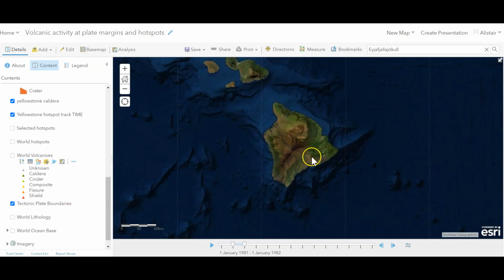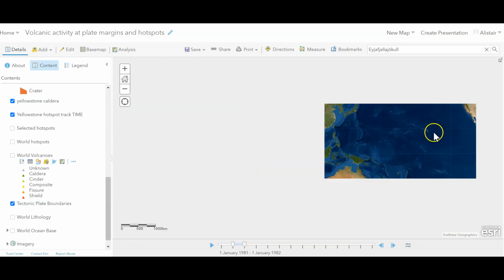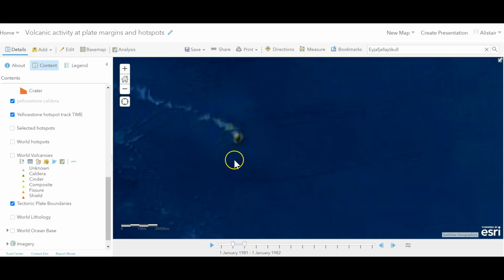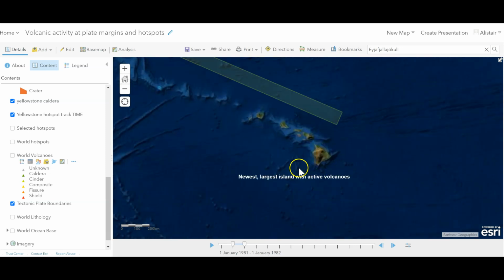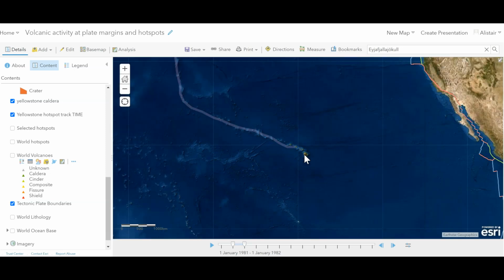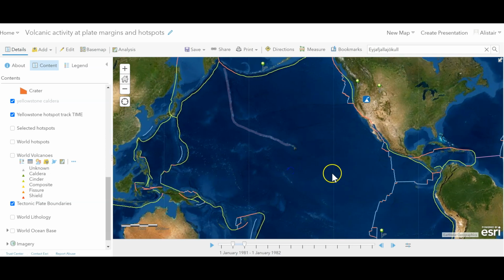So unlike, if I zoom out here, unlike the convection up here at the spreading ridge, at the constructive plate margins, which are forming this linear pattern, at a hotspot you're just getting the convection rising up at that one point in that one location. So the hotspot basically stays put over that time scale of tens to hundreds of millions of years, and then the plate is moving across the top of it.